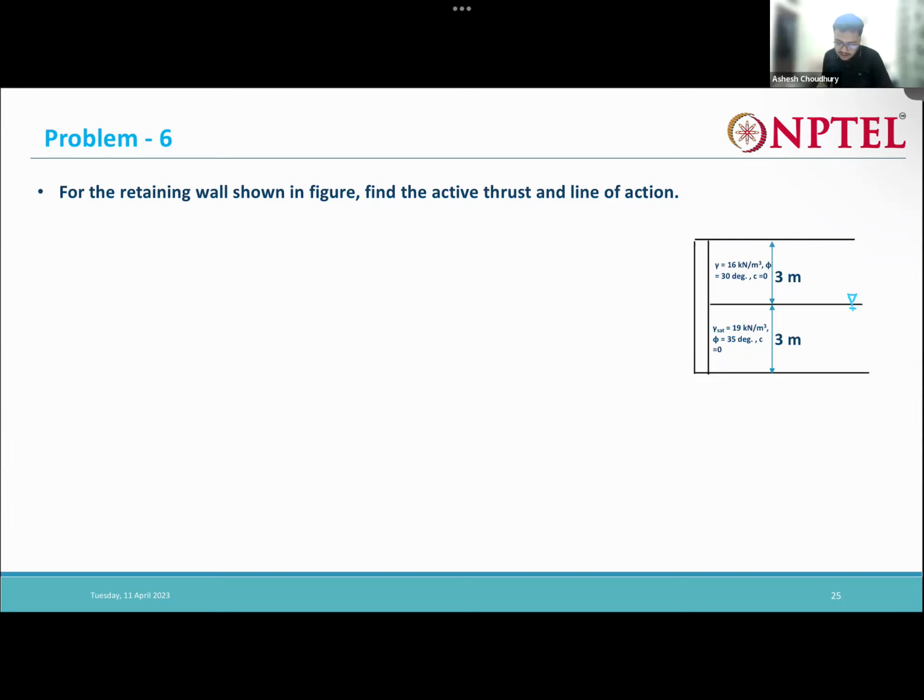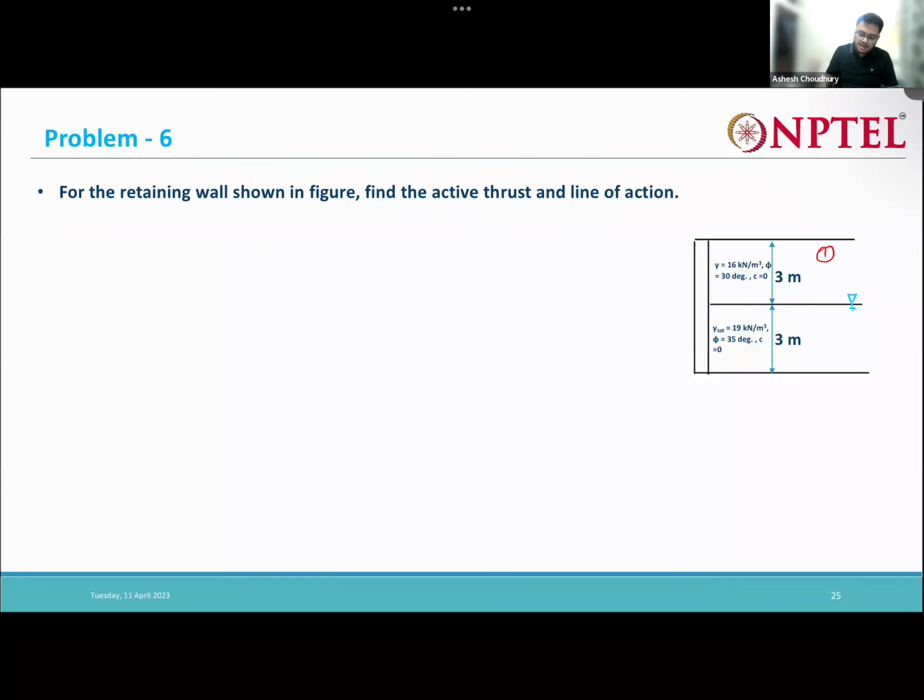What is the difference between these two layers? Phi is different, and the upper layer is dry, and the lower layer is submerged. So phi is different means my Ka value will be different for both these layers.